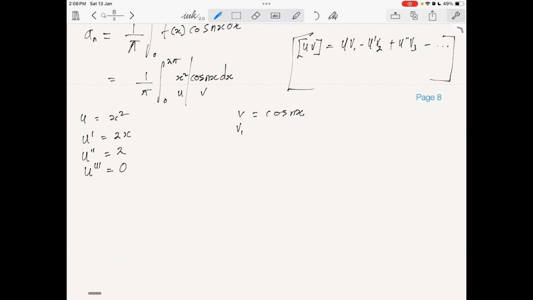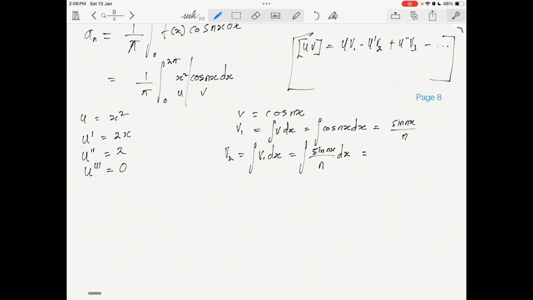Also, for v1, we are going to be integrating v dx, and that will be integral of cos nx dx, and the integration of cos nx dx is sin nx over n. v2 is integral of v1 dx, and v1 is sin nx over n, and that will give us minus cos nx over n squared.